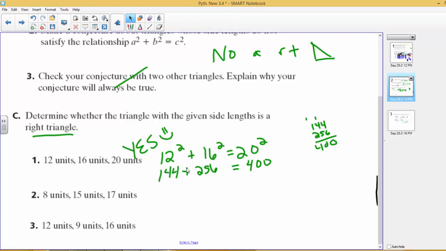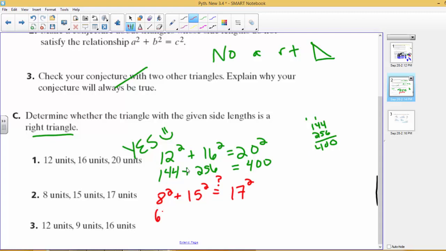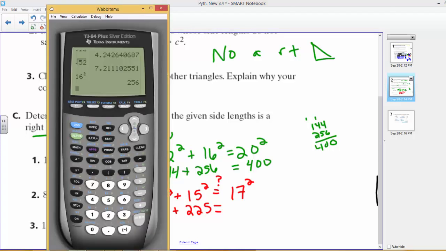Next up, 8, 15, and 17. And again, this is in question. I should be putting a question mark there. So does 64 plus 225 equal 17 squared? I'm guessing you don't know what 17 squared is, so let's practice this calculator thing again.